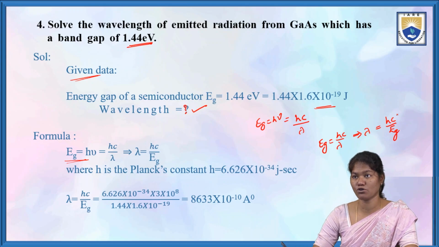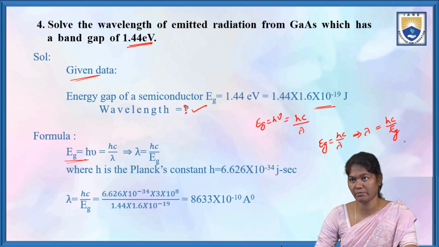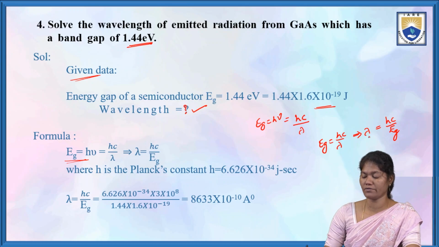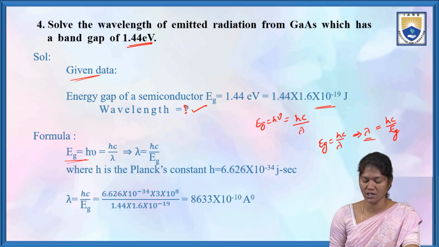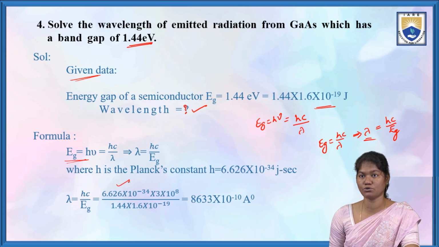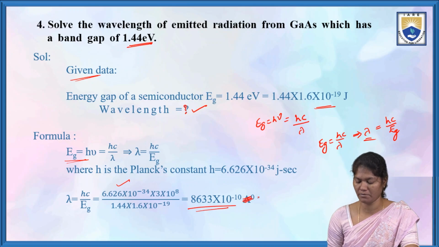H is Planck's constant, c is the velocity of light, and the energy gap is 1.44 electron volts. So lambda is equal to 6.626 into 10 power minus 34 into 3 into 10 power 8, divided by 1.44 into 1.6 into 10 power minus 19. The value of lambda is 8633 into 10 power minus 10 meters.